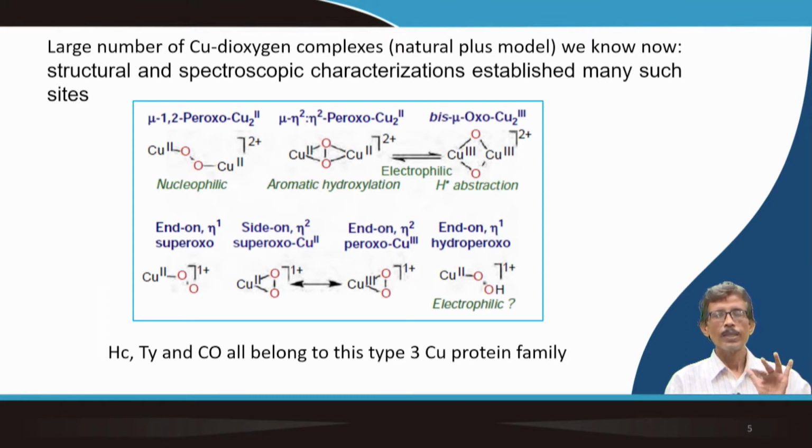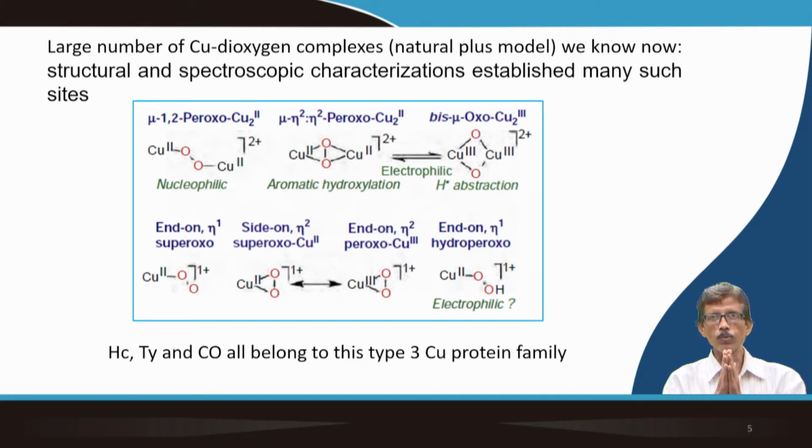So, for these three molecules and these particular categories of activation, you can have the mu 1,2 peroxide bridging between these two copper centers, we all know. Or you can have these two oxygens coming to these two coppers in this particular fashion, the cis binding, two oxygens in my two fingerheads coming and binding to two copper centers.